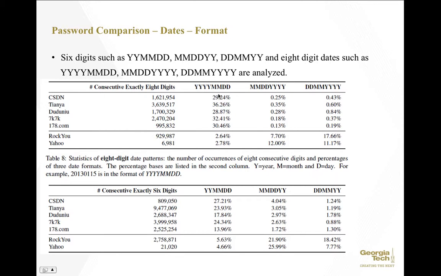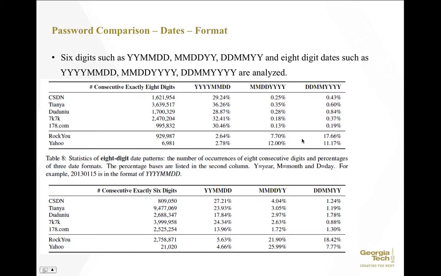From this table, we can see that for most Chinese websites, they prefer the YYYYMMDD format, because by Chinese tradition, we always start with the year, then the month, then the date.